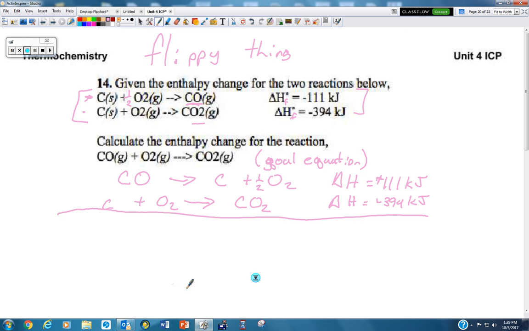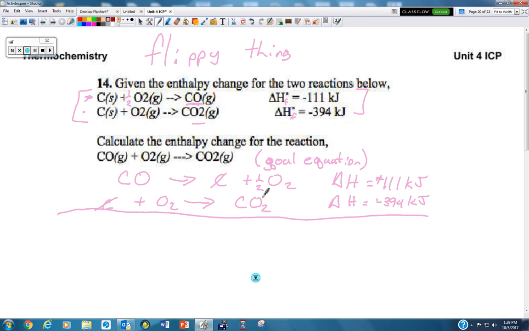So at this point, we want to combine our two formations to see if they match up with our goal. The first thing that we can do is cancel out anything that's alike from each one. Like I have a carbon here and a carbon here, so I'm going to cancel that.